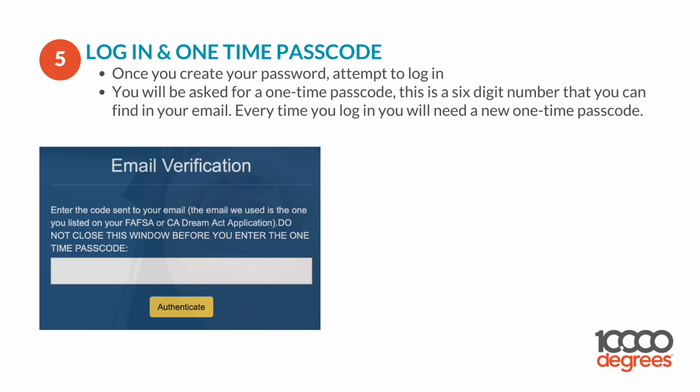Once you create your password and attempt to log in, you will be asked for this one-time passcode. It's usually a 6-digit number. You'll have to find it in your email, and keep in mind that every time you log in, you will need a new one-time passcode. Be checking not only your inbox, but also your junk box. Sometimes the verification email will go to those.